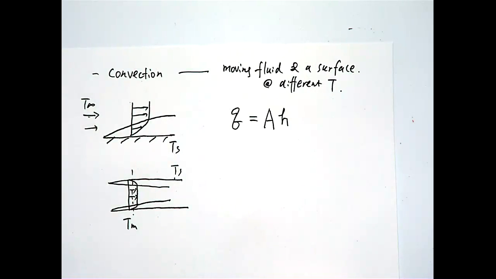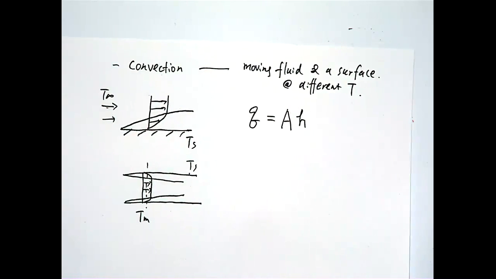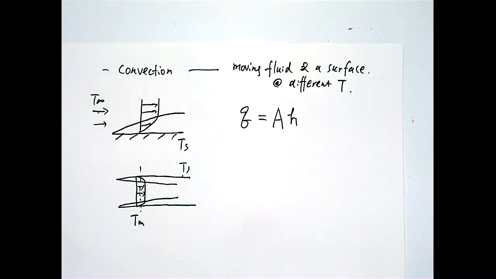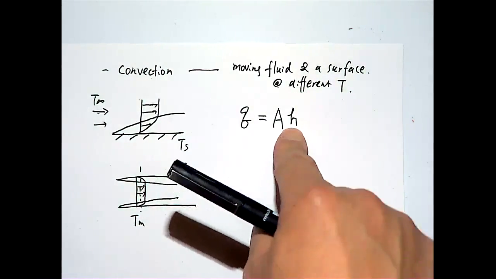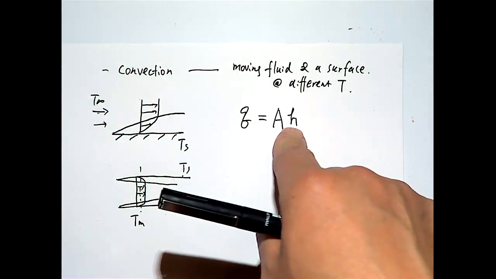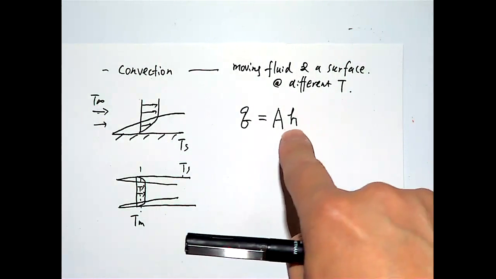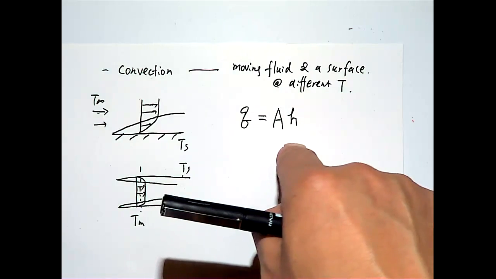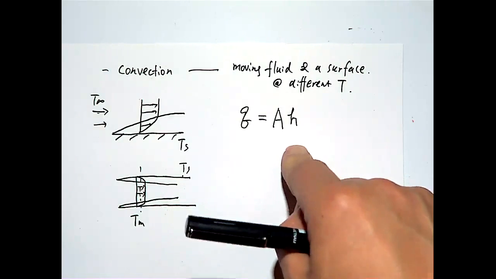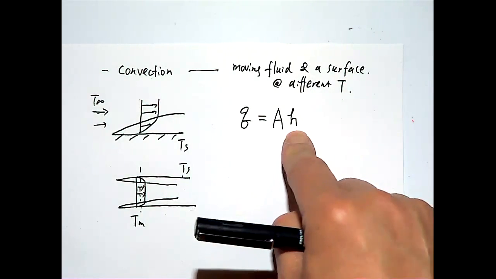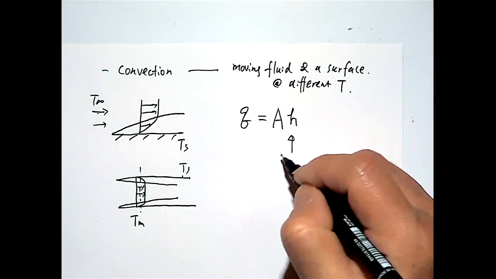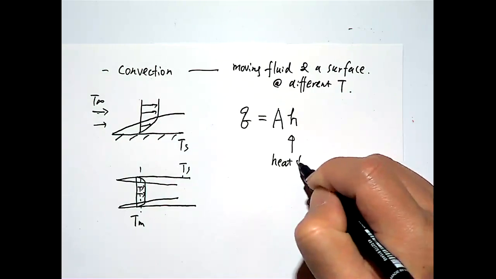It's similar to the k property that we discussed for the conduction case, except that later on, when we discuss convection, the primary task is to figure out what h is for different conditions. But for now, just consider it a constant, the heat transfer coefficient.